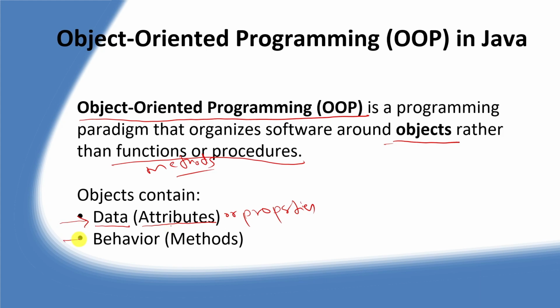And behavior. What do we mean by behavior? Behavior means methods. For example, a car. Imagine a car. It has properties, right? Properties like color, brand, speed. So these are the properties of a car.